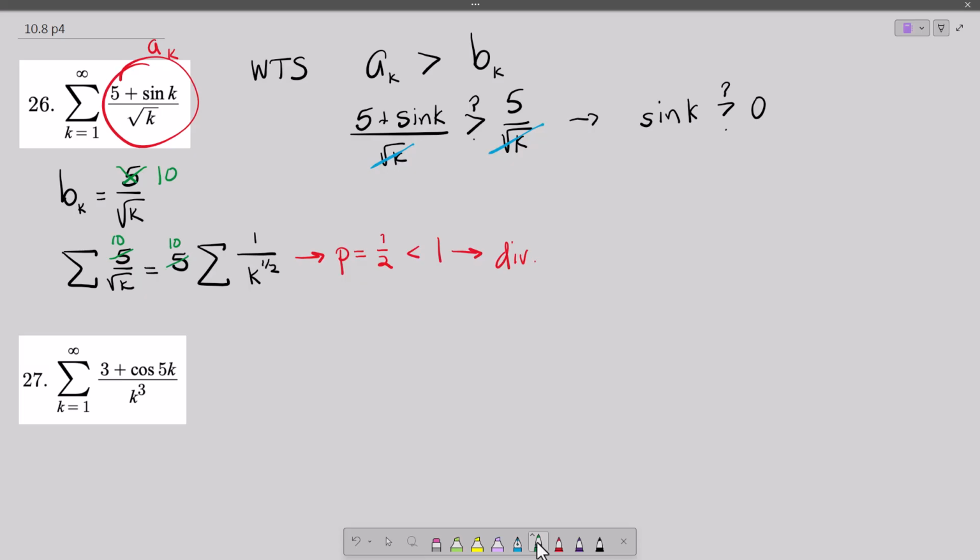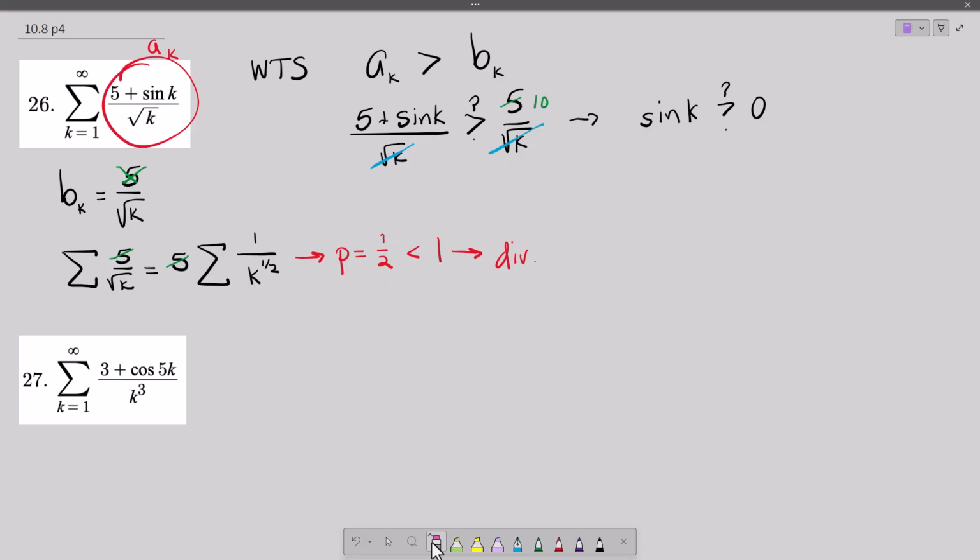So if we change this to a 10, does that make the inequality true? Yes. Sure? If we subtract 5, we would get sine of k bigger than 5. Oh, that's still not true. Everybody agree? Sorry, let's try the other way. What if we pick the lower bound?